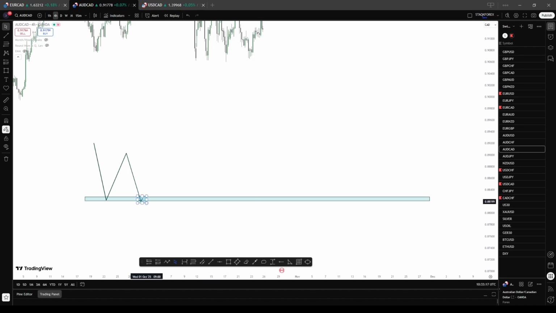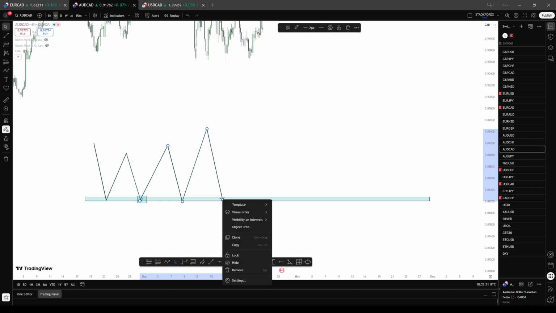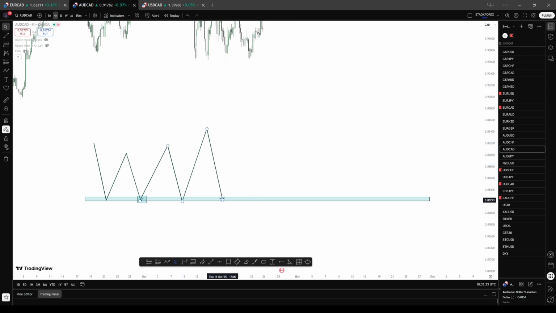So let's say we have a first touch here, then price bounces off, and a second touch, price bounces off again. Then the price comes back, third one bounces off, then the fourth one, and you start to pay attention to whether the price is going to do the same thing by bouncing off from this region.